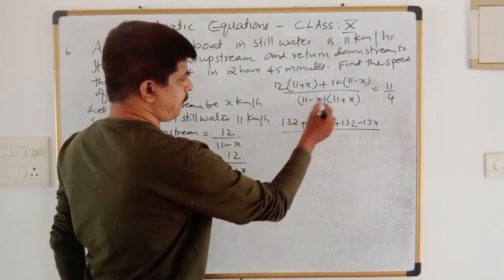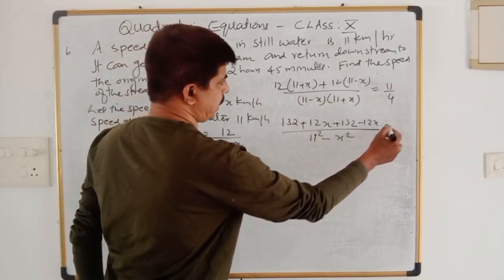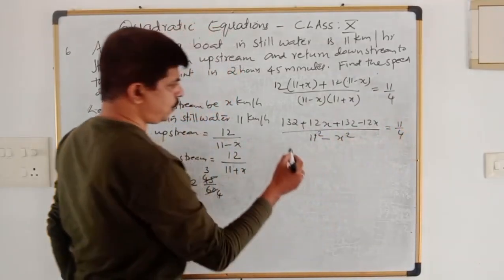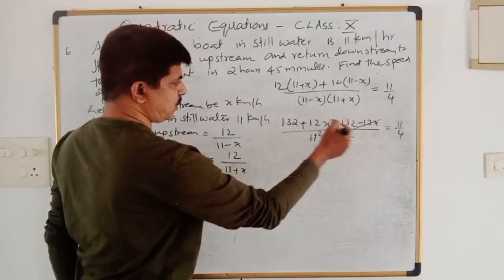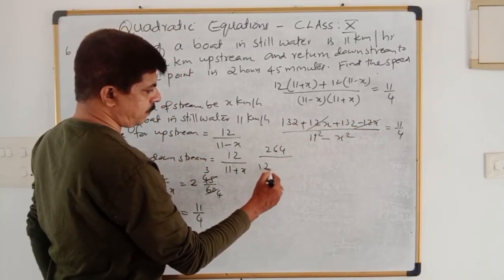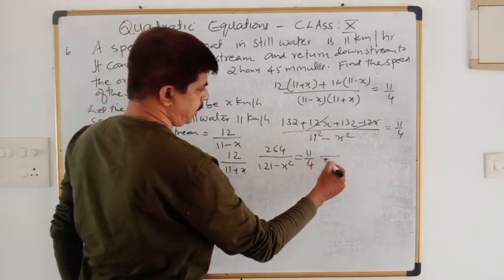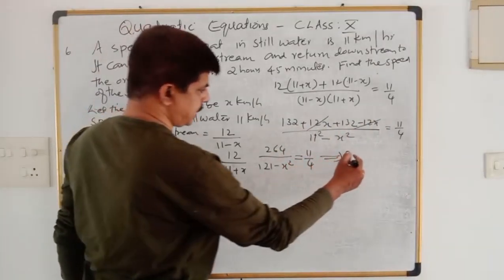Denominator: a minus b into a plus b, a square minus b square, is equal to 11 by 4. So here like terms are cancelled. Okay, 132 plus 132 we have 264 by 121 minus x square is equal to 11 by 4.